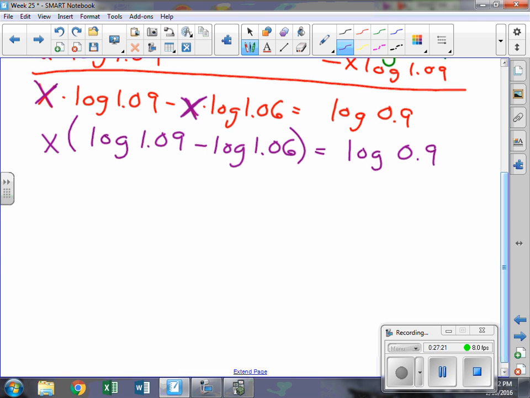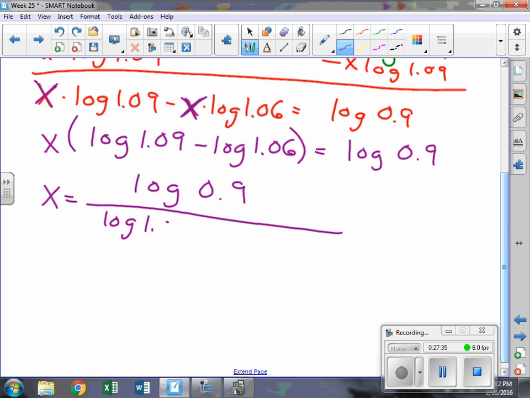Well, we have x times blob equals logarithm of 0.9. Yeah, we'll just divide by the blob. The logarithm of 0.9 all over this blob.